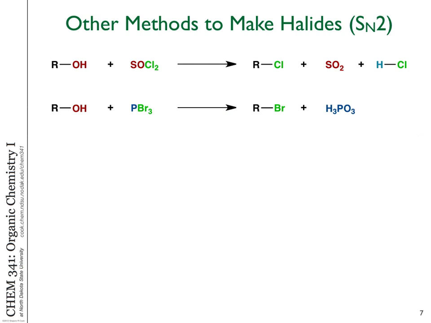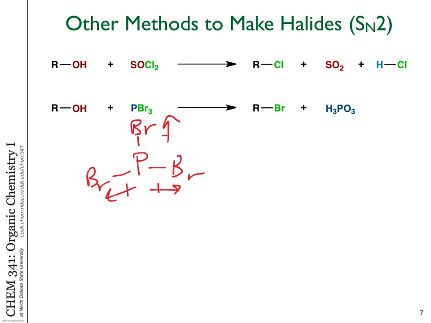Okay, the PBr3 example. This is the same. Phosphorus tribromide is an electrophilic reagent. These groups, the bromines, are more electronegative than the phosphorus.